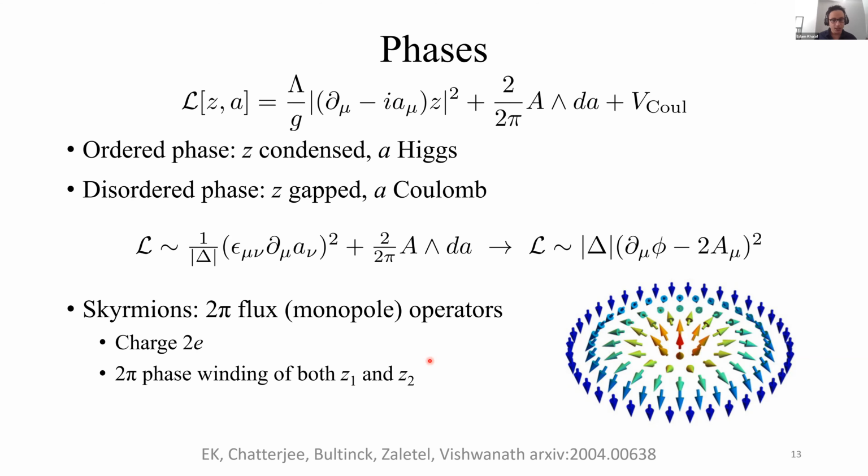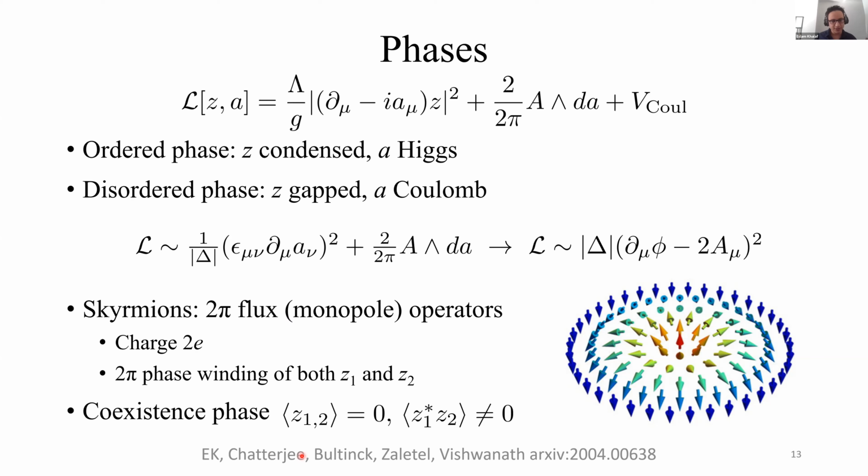So this tells us that if we condense this Skyrmion operator, it will disorder the phase of Z1 and Z2, but it doesn't necessarily disorder the phase of Z1 dagger Z2, or Z1 star Z2, which essentially tells us that we don't really have to destroy the insulator to get a superconductor.